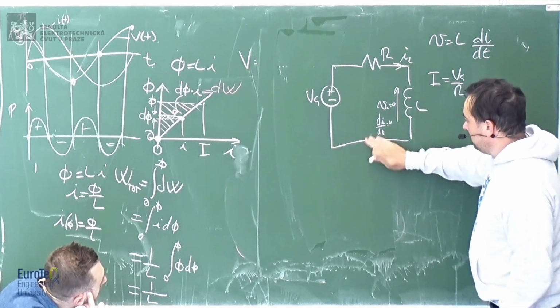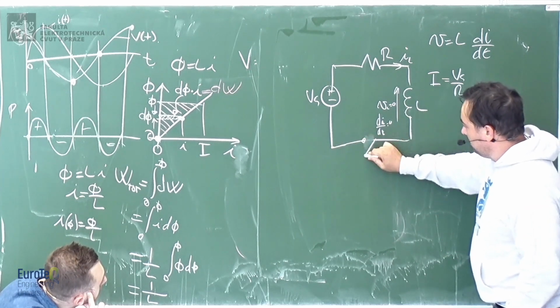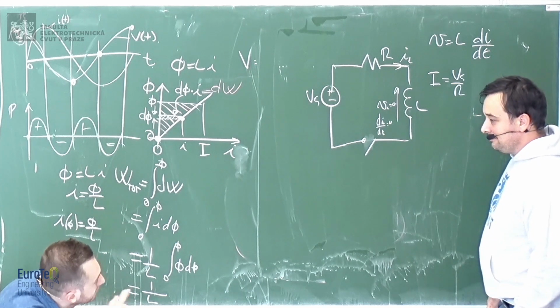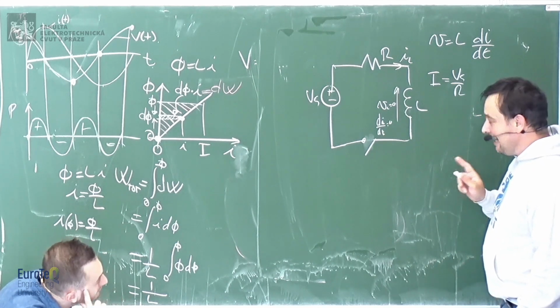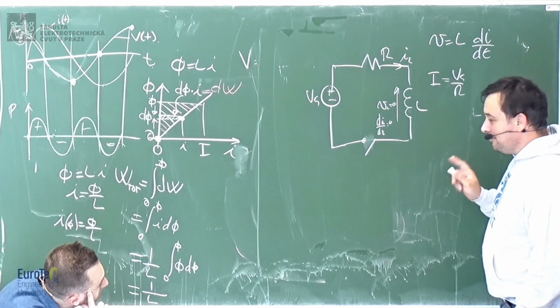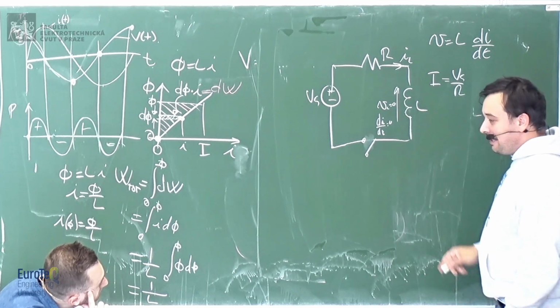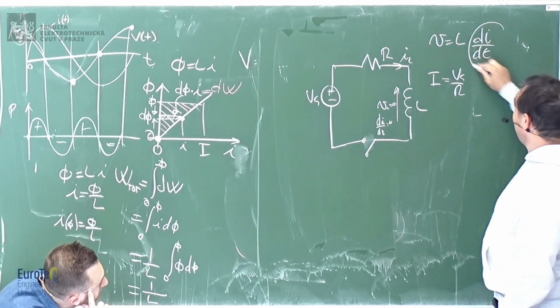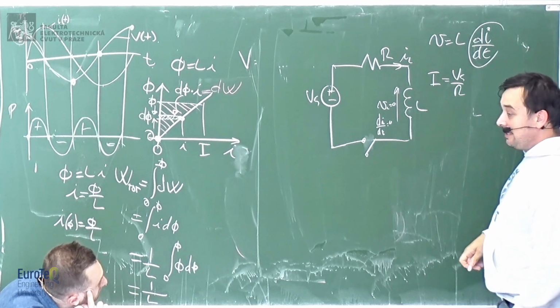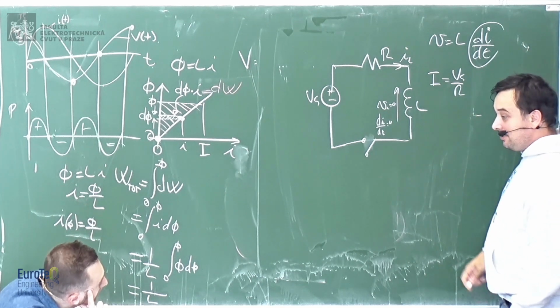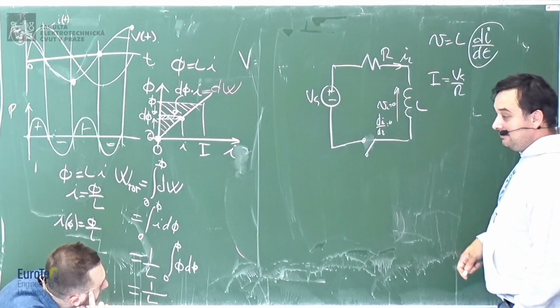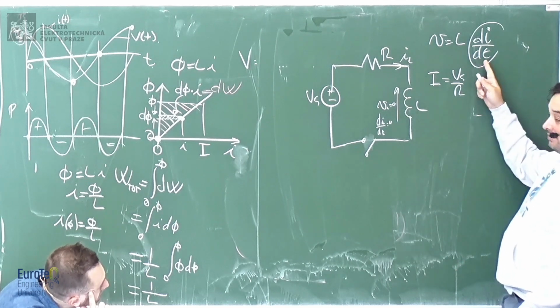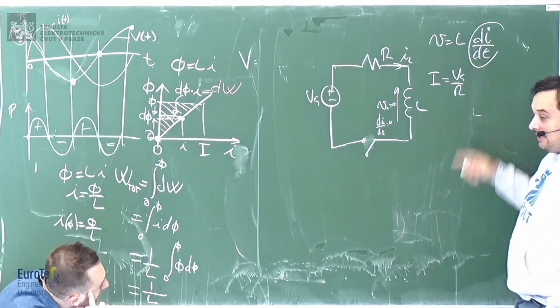And then you open the switch. Now, what happens? I kept saying the current is under the derivative, so you cannot have a step of current because it would need infinite voltage, because we would have infinite derivative of current.